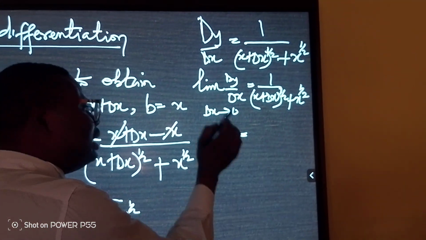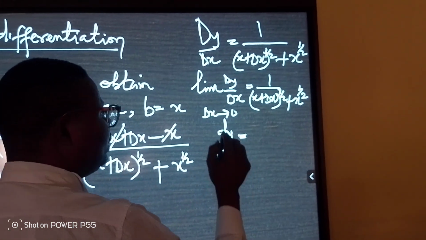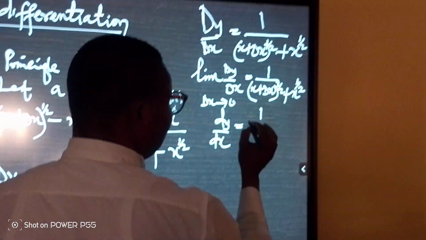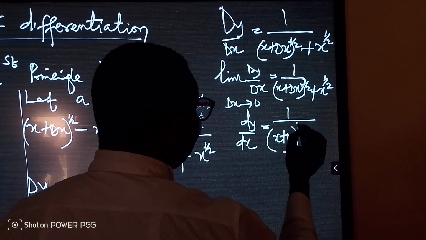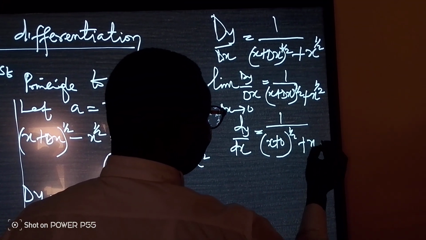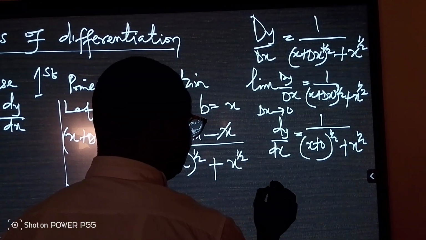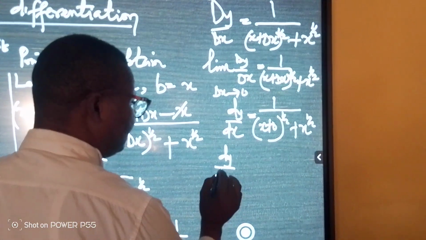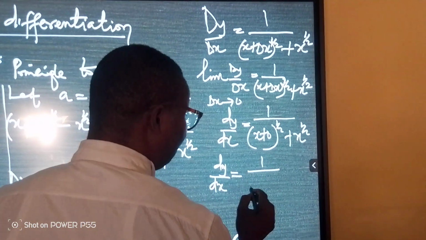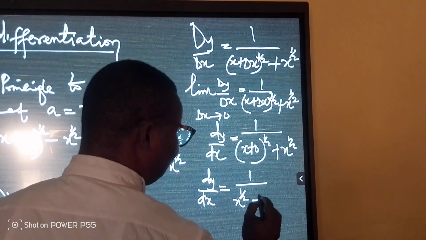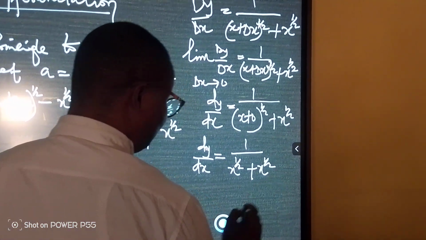So what it means is that when you see the dx, you put 0, and that is going to be 1 over (x plus 0) raised to the power half plus x raised to the power half. And this is the same thing as dy over dx equals 1 over x raised to the power half plus x raised to the power half.